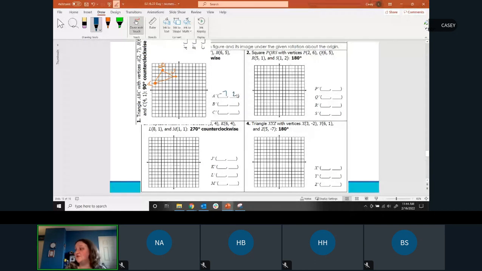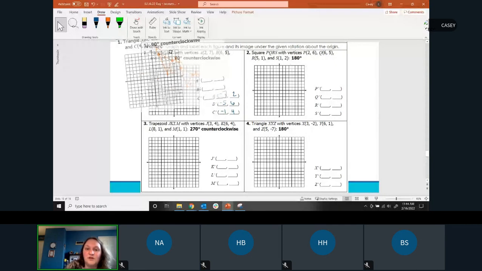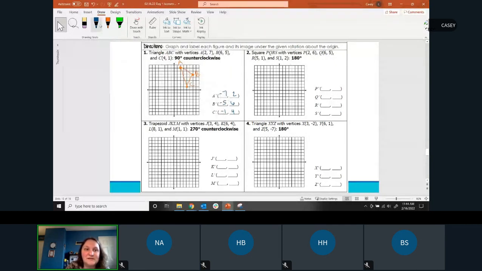Cool. Now we're going to do the same thing for B. What would B's location be if it was supposed to look just like this? Well, it would be at -5, +6. And C, well, that would be at -1, +4. But that's not really how it was supposed to look. So we turn our paper back the way it was supposed to be. But now we know the coordinates of our new points.